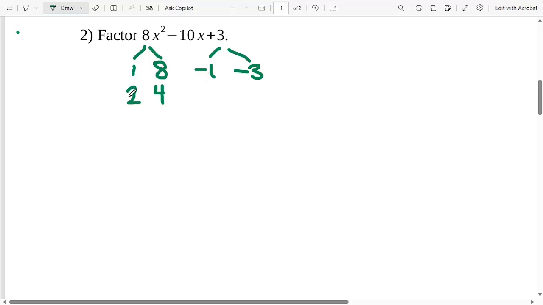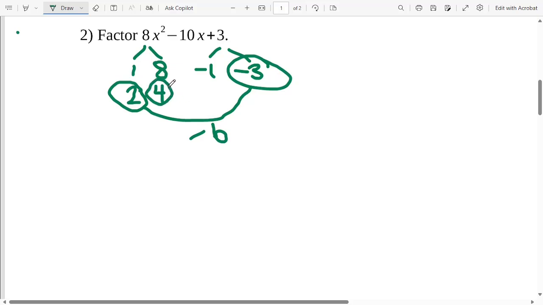So that's not going to work. But if I take 2 here and multiply it by negative 3, that's going to give me a negative 6. And then if I take 4 here and I multiply that by negative 1, that's going to give me negative 4. Now, negative 4 plus negative 6 gives me the negative 10 that I want here.